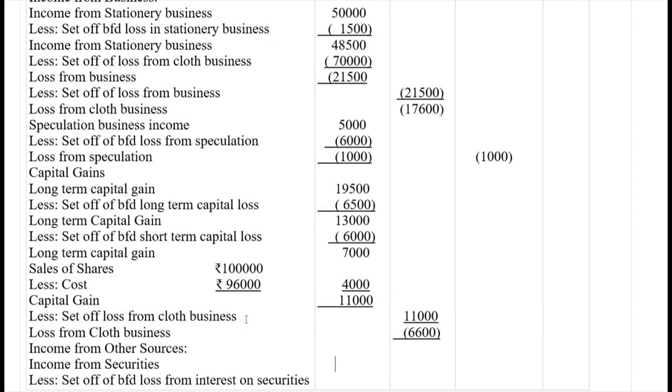So income from securities, which is given in the problem as rupees 10,000 here.